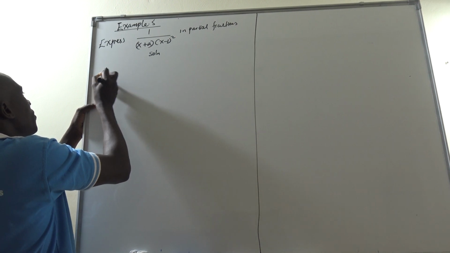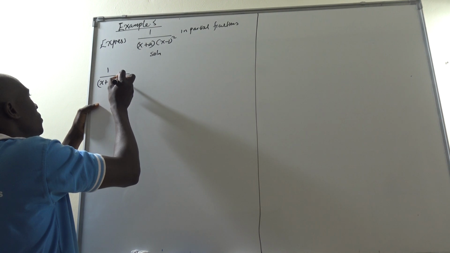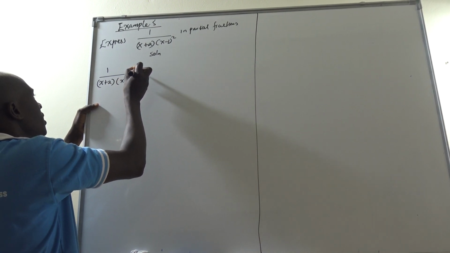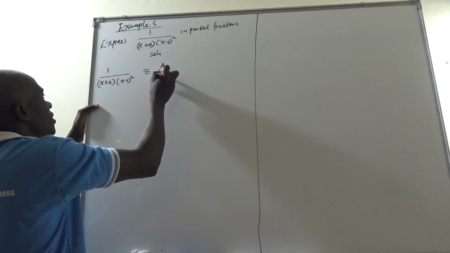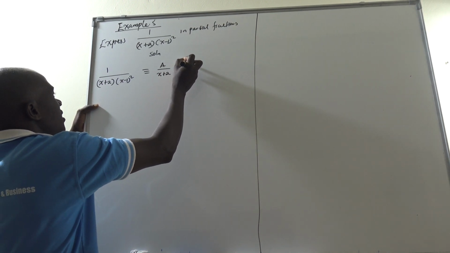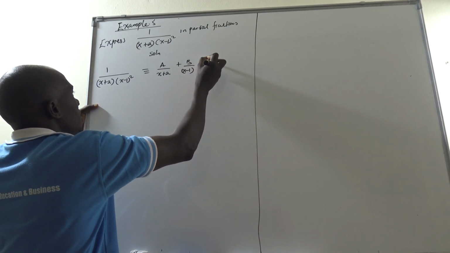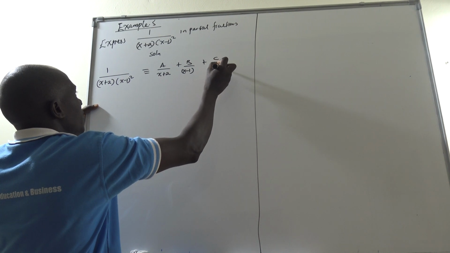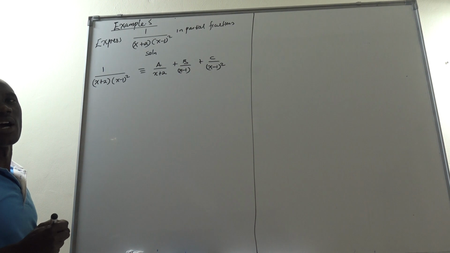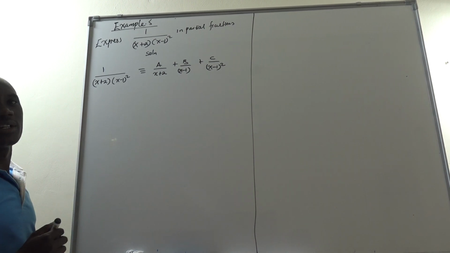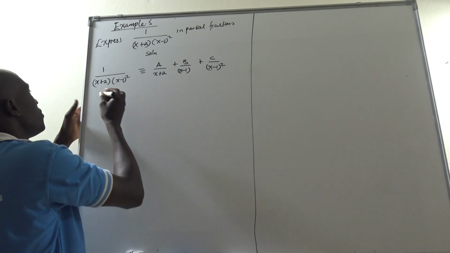So 1 all over (x plus 2)(x minus 1) squared is the same as A out of x plus 2, plus B out of x minus 1, plus C out of (x minus 1) squared. So what we're going to do is get the LCM, then try to substitute.